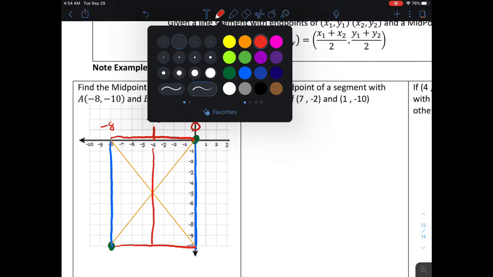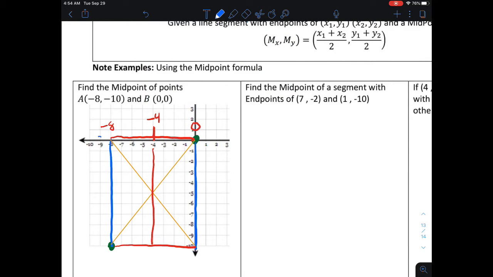Now I'm going to find the middle number of my y's. I started at 0 and went all the way down to -10. The number that's in the middle there is -5. And so the -5 gives me the y value of that point. So my midpoint here, graphically, is going to be at -4, -5.